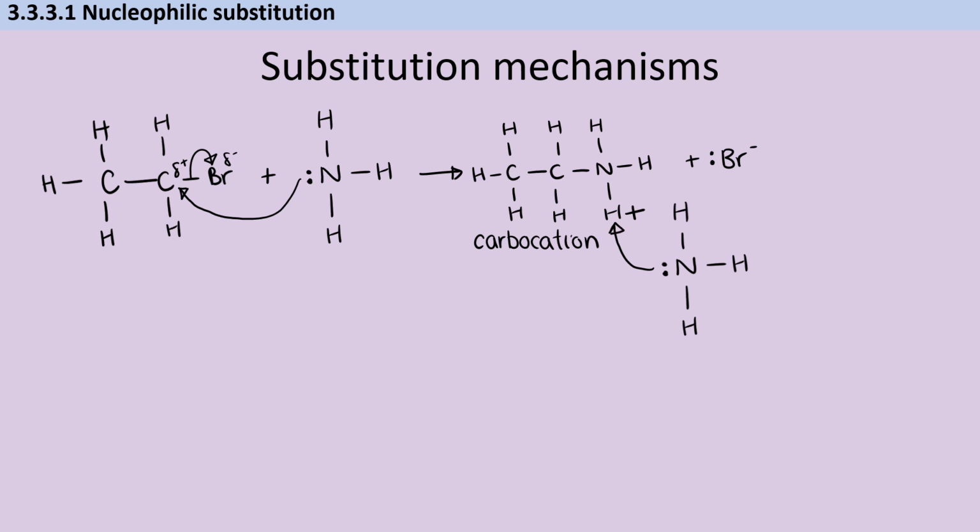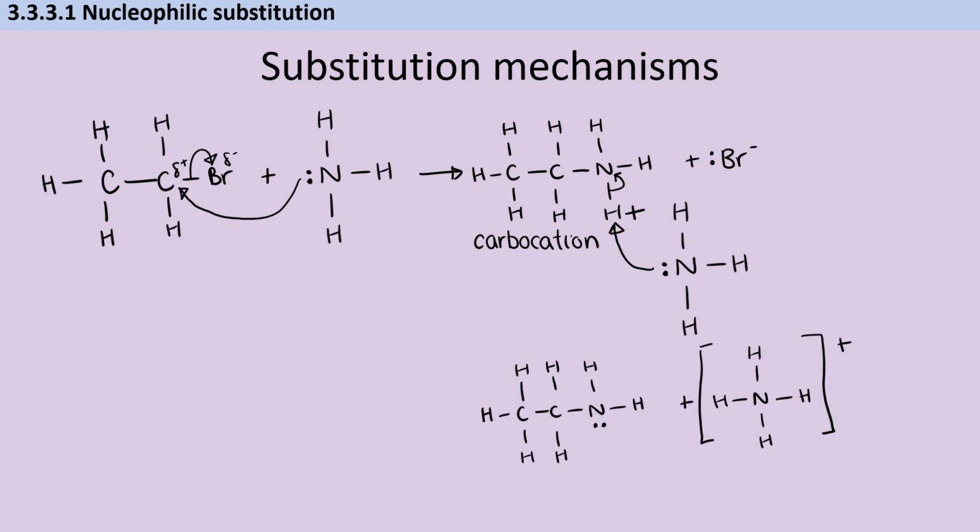And then what's going to happen is the nitrogen is going to withdraw the electron density from that bond. So we're going to have another arrow that goes from the middle of that nitrogen-hydrogen bond just up to the nitrogen. And so what we're left with is ethylamine, which is obviously an amine, and also an ammonium ion.